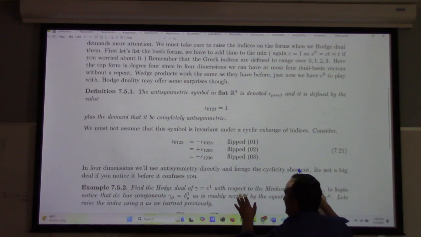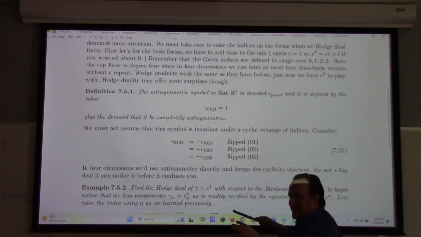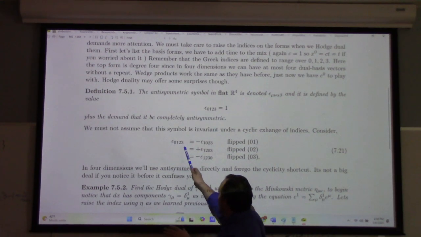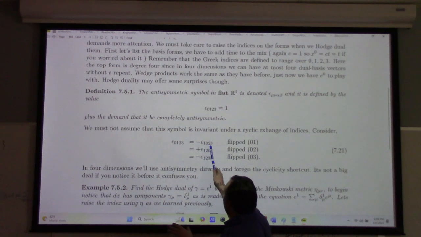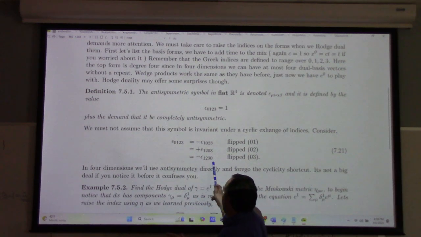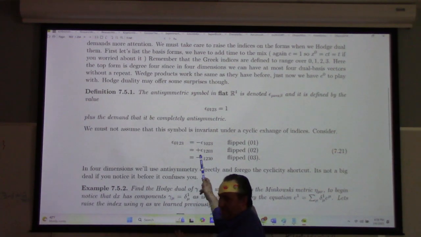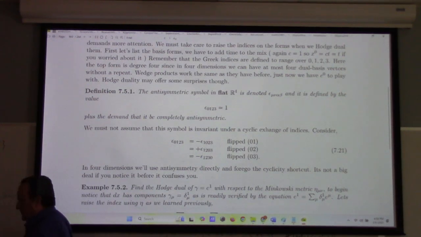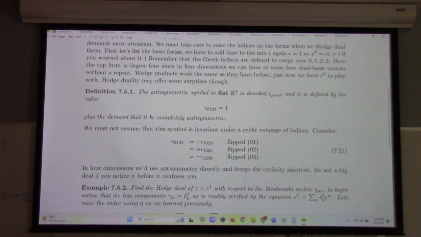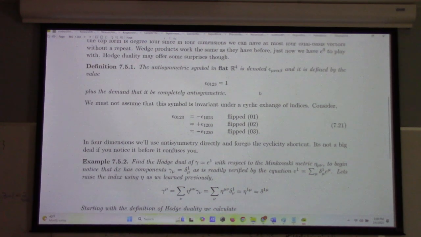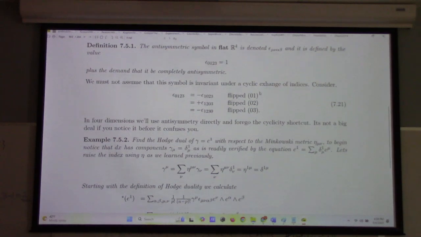For 4 dimensions, we don't have cyclicity of the epsilon symbol. 0, 1, 2, 3 is minus this, is plus that, is minus that. So if I take the 0 and push it over here, I don't get a plus. I get a minus of what I started. So don't assume things work in 4 dimensions like they work in 3, especially when 0 is involved. Now, if it's involving just 1, 2, 3, then yeah, you've got that same cyclicity with respect to 1, 2, 3.